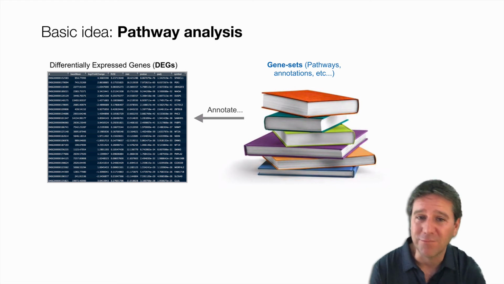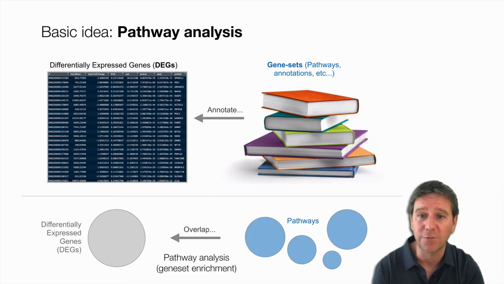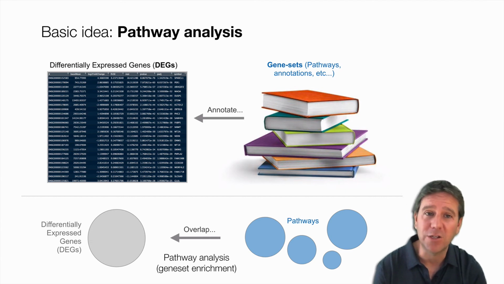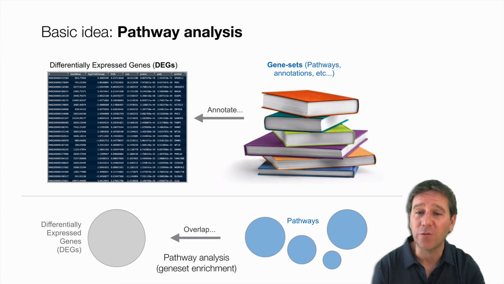Is it a chapter on cell division or intracellular signaling through MAP kinases or whatever that is most prevalent in our differentially expressed genes? So we take all those pathways with their constituent genes indicated by the blue circles here. Of course, we don't get them from textbooks, we get them from bioinformatics databases, and we get our differentially expressed genes.